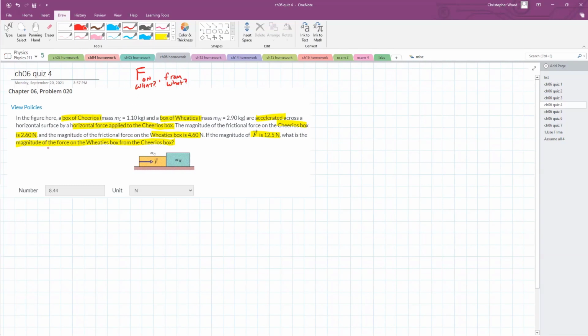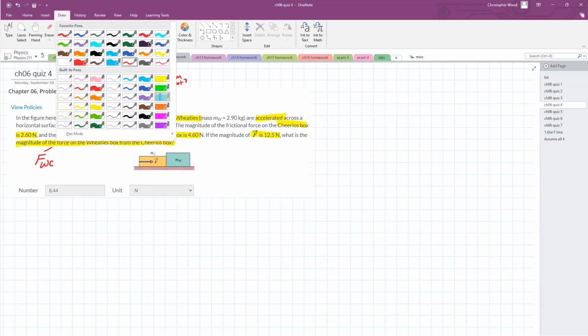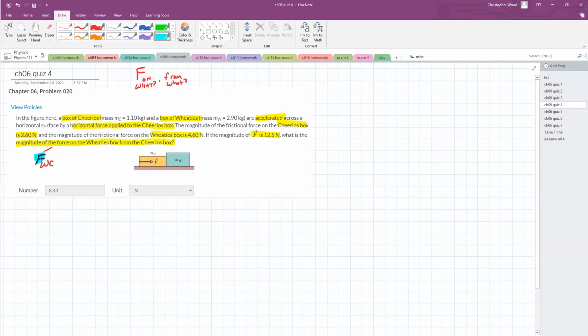So what they're asking for here, they're saying, what is the magnitude on the Wheaties box from the Cheerios box? So they're actually saying, what is the magnitude of the force on the Wheaties? So W comes first, from the Cheerios, C comes second. So I would read this as: what is the force acting on the Wheaties from the Cheerios? That's because, again, of this F on what from what convention.